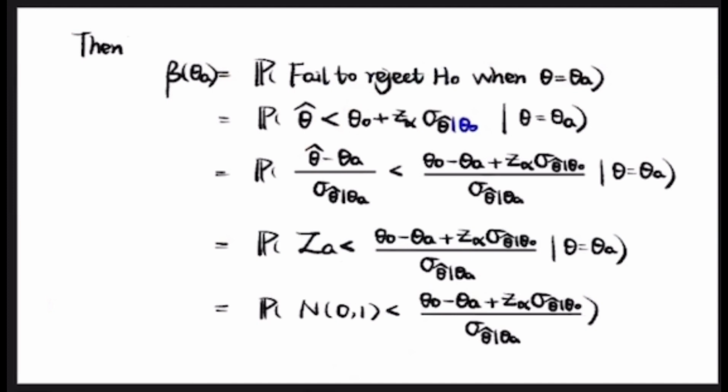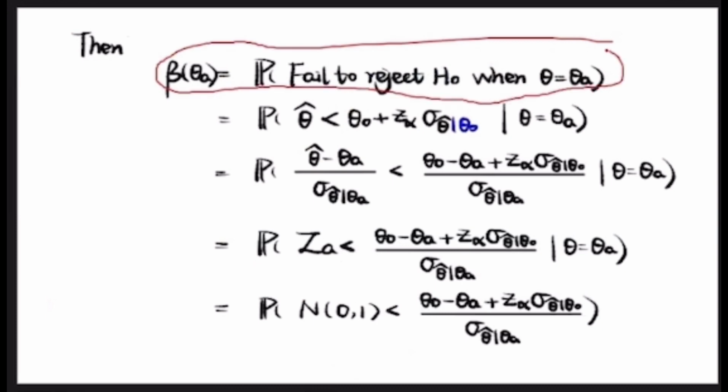We want to figure out the probability of type 2 error. It is very, very important. The probability of type 2 error is the case where something is supposed to be significant, but we reject that. We want to figure that out. I told you the other time, the symbolic representation of type 2 error is beta.